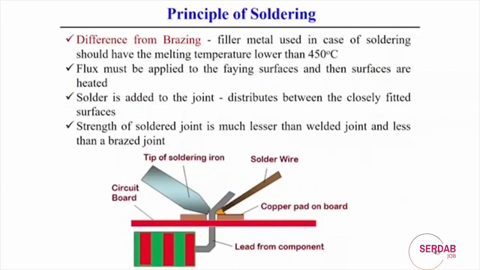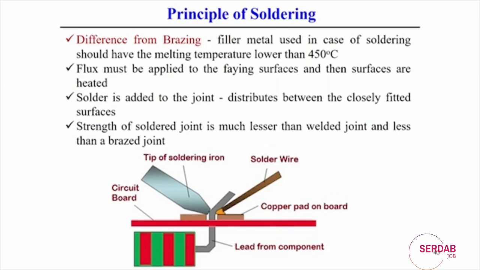Apart from these various brazing techniques, now we come back to the different soldering processes. First we start with the principle of the soldering process. The principle is more or less similar to the brazing process, but with a minute difference: the filler metal used in soldering must have a melting point temperature below 450 degrees centigrade.